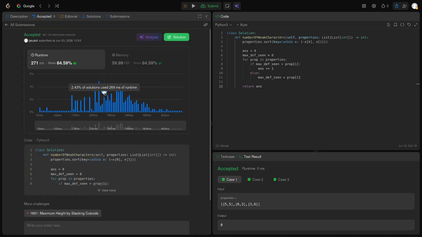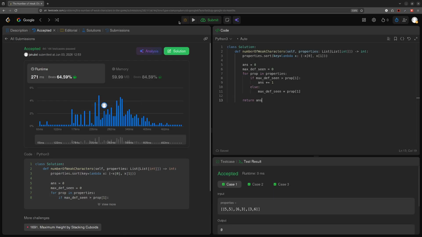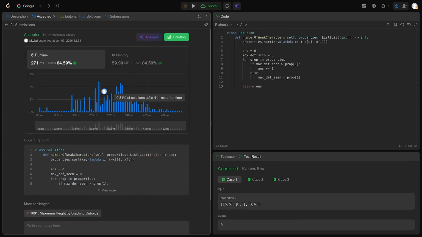Great, so we are here. Now, another approach we can do: do we really have to sort?